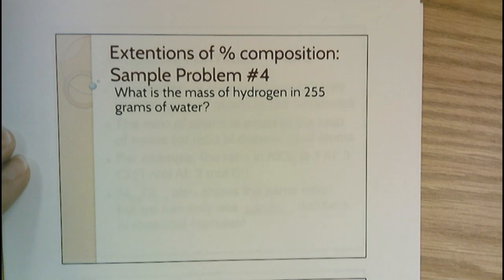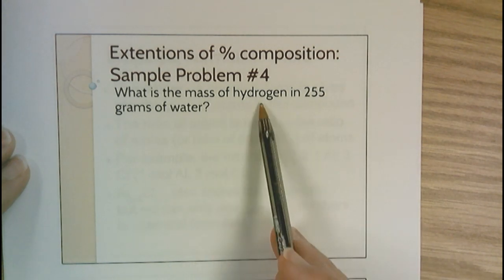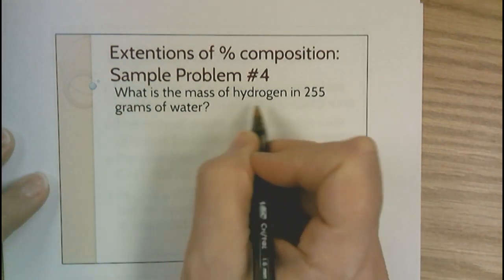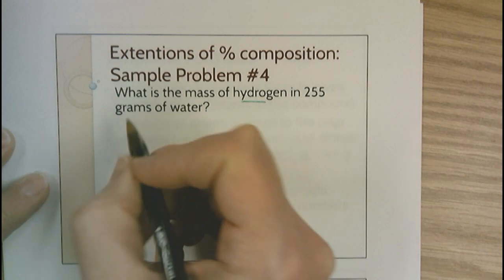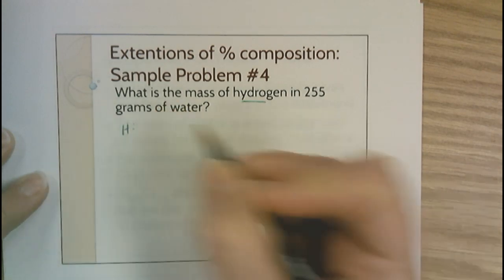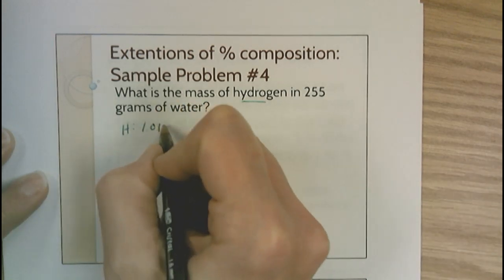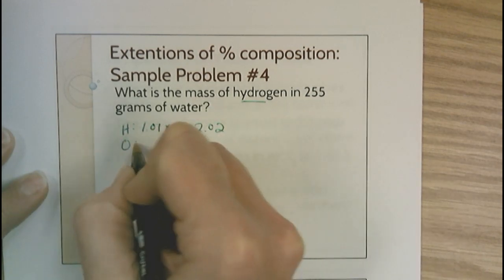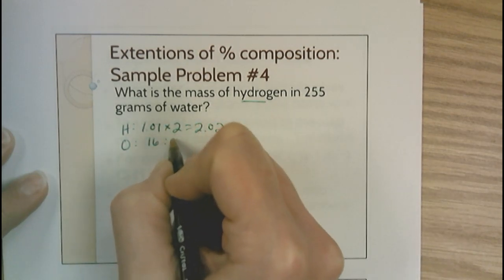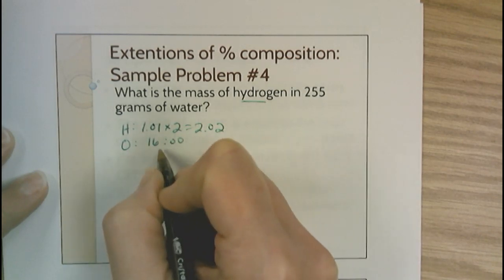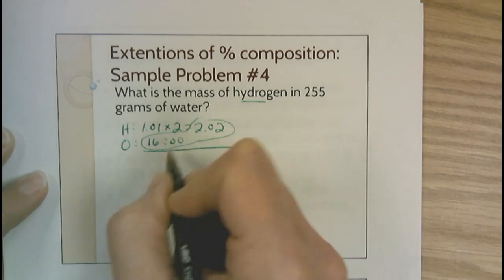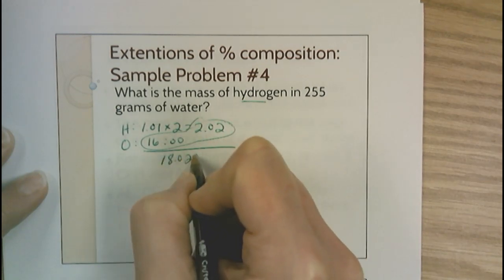Okay, so this one asks, what is the mass of hydrogen in 255 grams of water? Well, we're going to have to know the percent of hydrogen, first of all. So hydrogen we have is 1.01 grams per mole. We have 2 of them for a total of 2.02. Oxygen is 16 grams per mole. So we are going to add those two together, and we get 18.02 grams per mole.